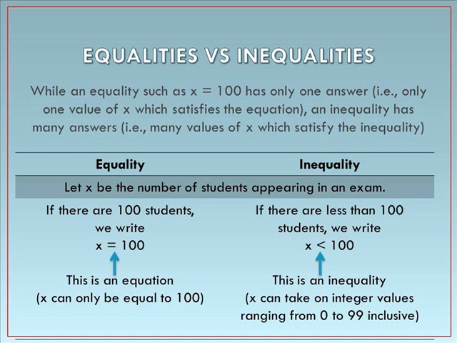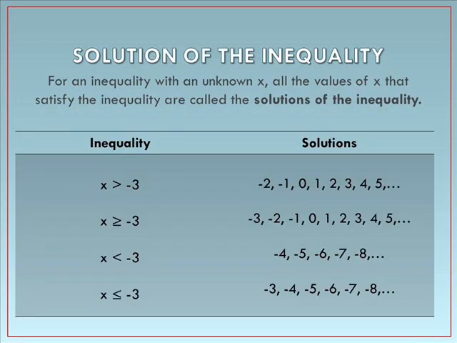This is an example of equality because x can only be equal to 100. On the other hand, if there are less than 100 students, we write x is less than 100. This is an example of inequality because here x can take on integer values ranging from 0 to 99 inclusive.